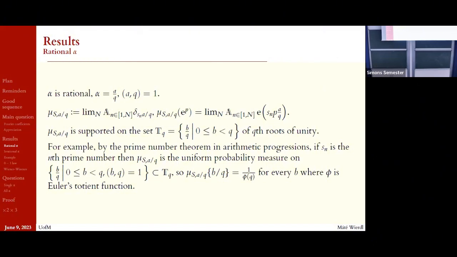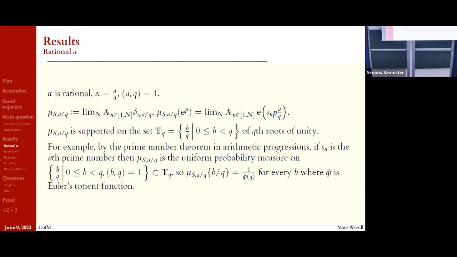And notice what we have here is those fractions B over Q, where B is relatively prime to Q, because these are the only residue classes where we can obtain infinitely many prime numbers.